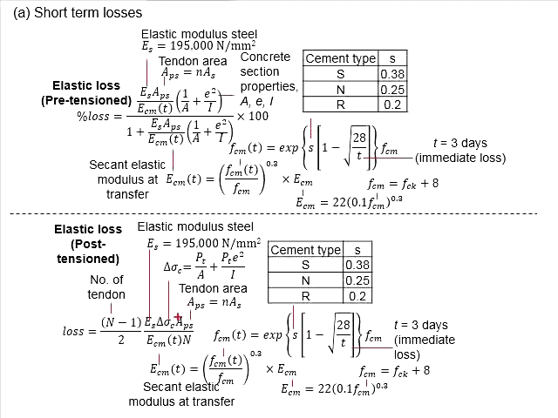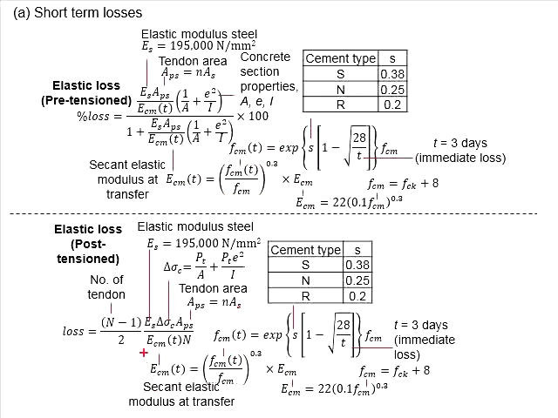And then next, let us look into the ECMT, which is the secant elastic modulus at the transfer. This is basically the same set of equations being used for the elastic losses for the pre-tension member.